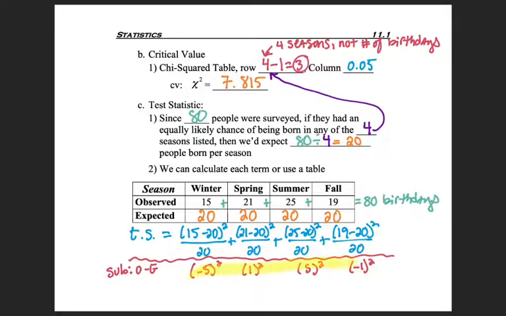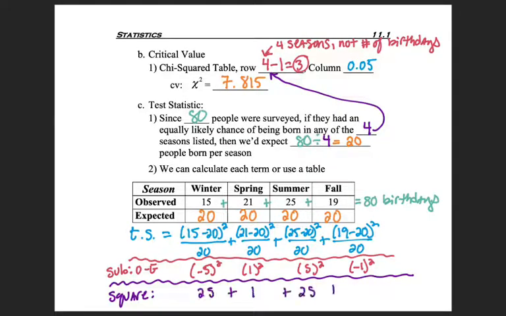Notice that observed minus expected will always add to 0, unless you maybe have a rounding error. So now I can actually square those values, which I didn't need a calculator for. And again, instead of writing each of these new values divided by 20, whenever you're adding fractions with the same denominator, you just add the numerators, which in our case is 52, and now I can divide by the denominator to get a test statistic of 2.6.